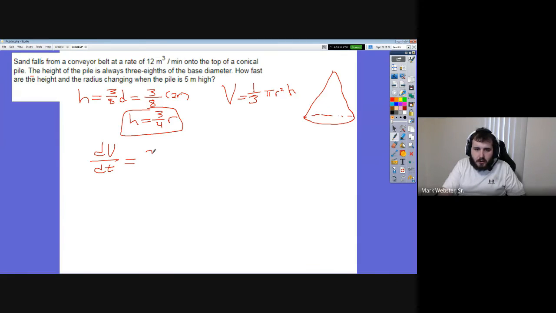So we've got 2/3 pi r h dr dt. And then take the derivative with respect to h, 1/3 pi r squared dh dt. So we want to know how fast are the height and the radius changing, right?